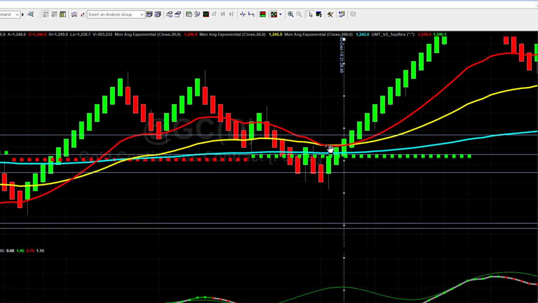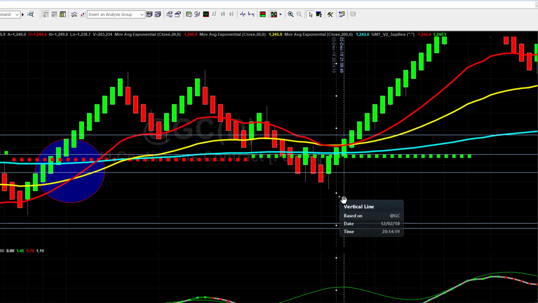If you don't take that initial breakout every time, you're going to have a higher probability of trades going your way, and you're going to have less risk in your trades because your entry and your stop are going to be a lot tighter.